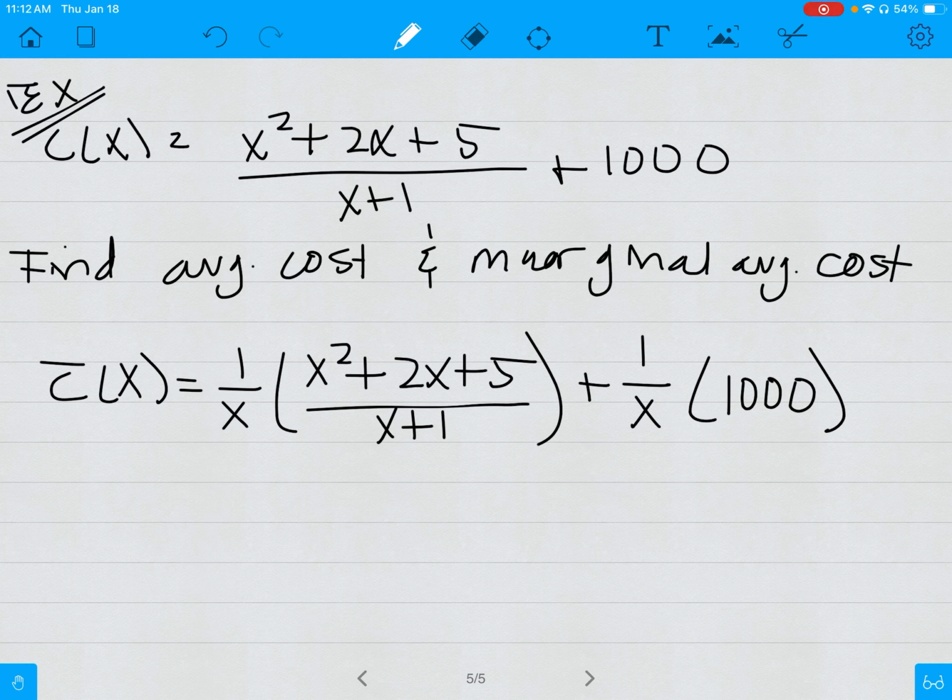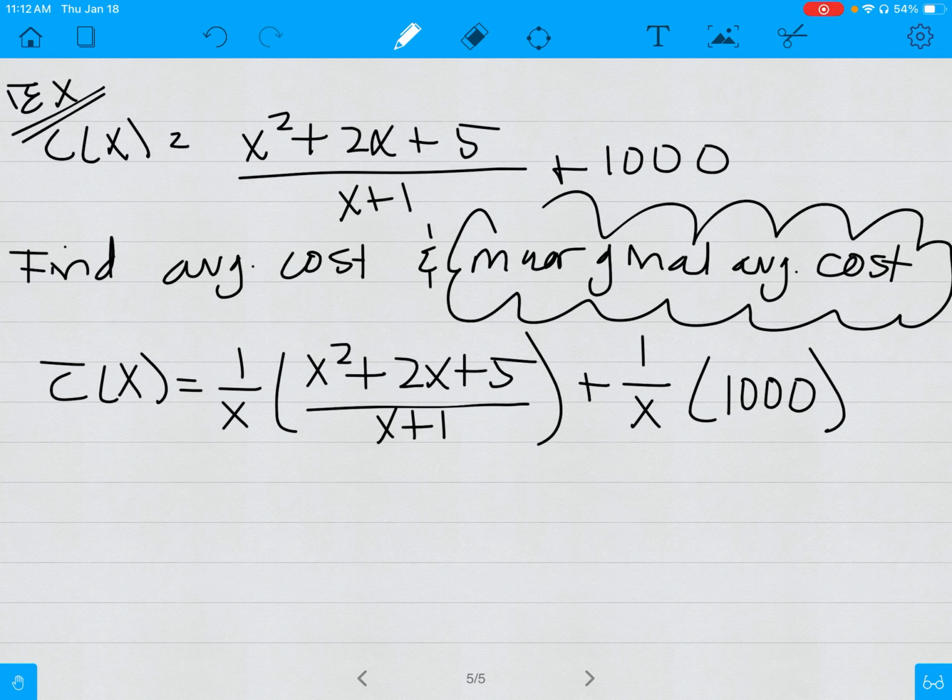And a lot of times the thing that gets trickiest with these is just trying to get everything looking as simplified as possible, because it's going to be easier when we think about finding the marginal average cost, the second part of this problem. The simpler our average cost function looks, the easier it's going to be to find the derivative. So it does actually benefit us at this point to try and make this look as simplified as we can.